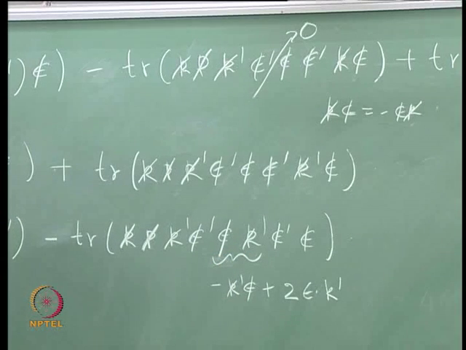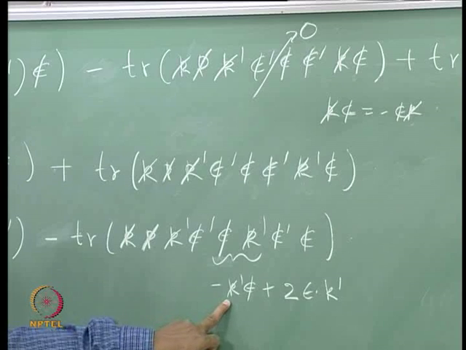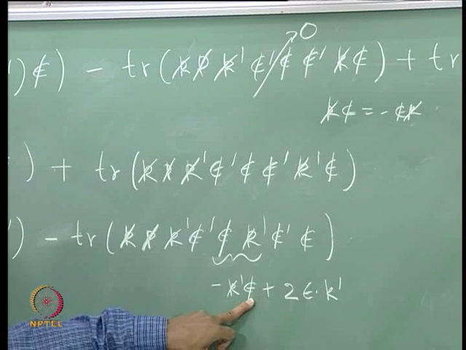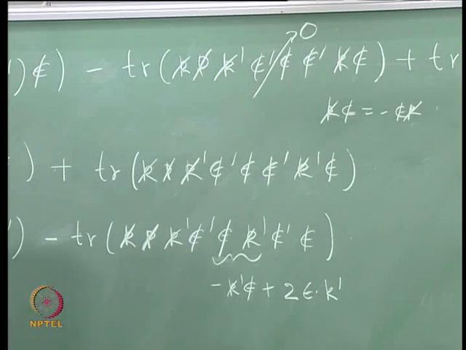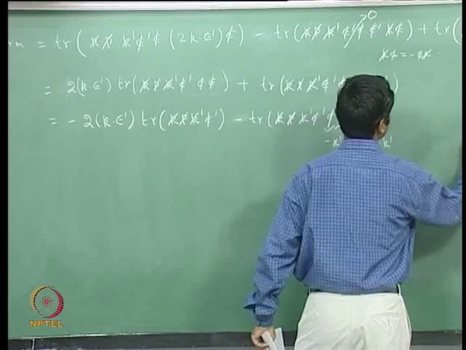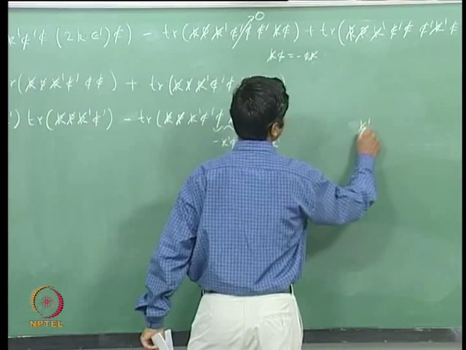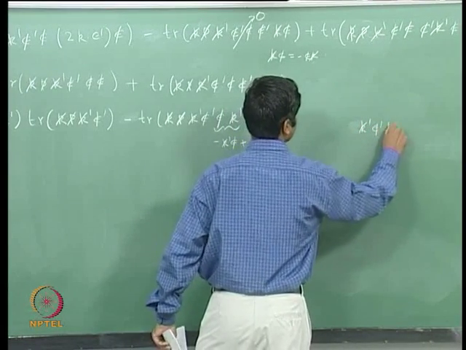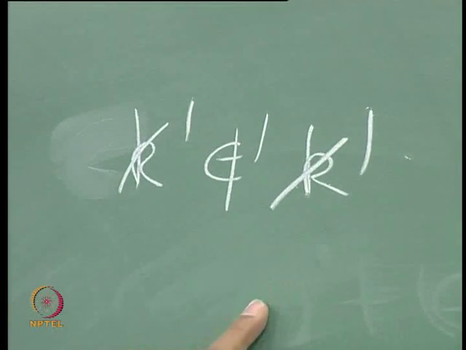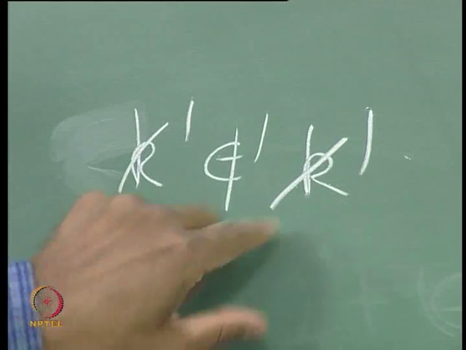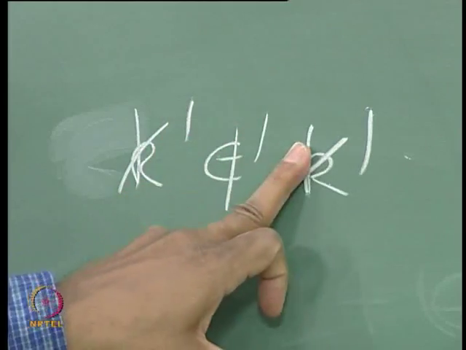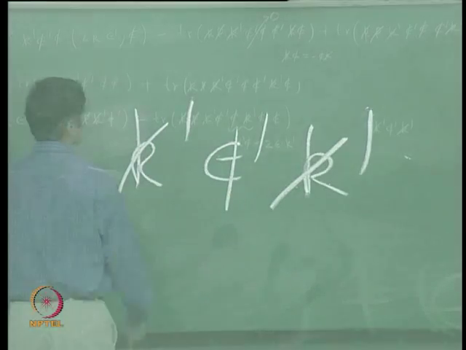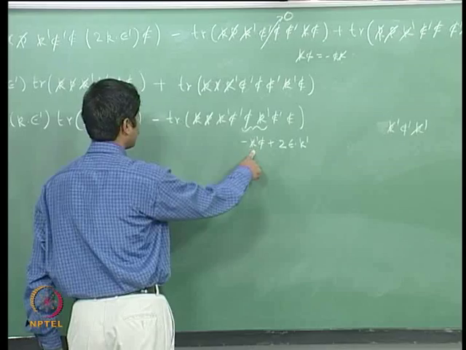Okay. Now, you can see the first term which contains minus k prime slash epsilon prime slash, it comes with k prime epsilon prime here. So, what you get here for the first term is something which involves k prime slash epsilon prime slash k prime slash. What is this quantity? This is 0, because this again you can flip it, then you get k prime slash squared, which is k prime squared, which is 0. So, therefore, this term is simply 0.